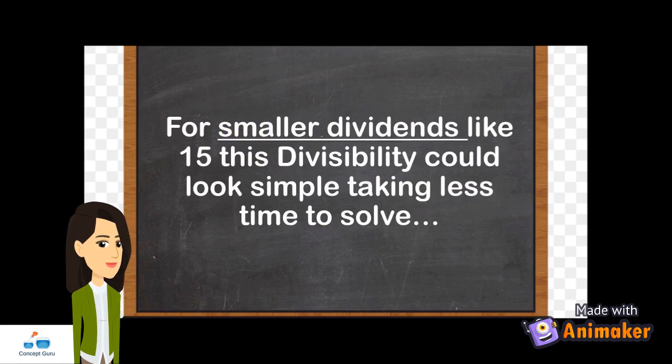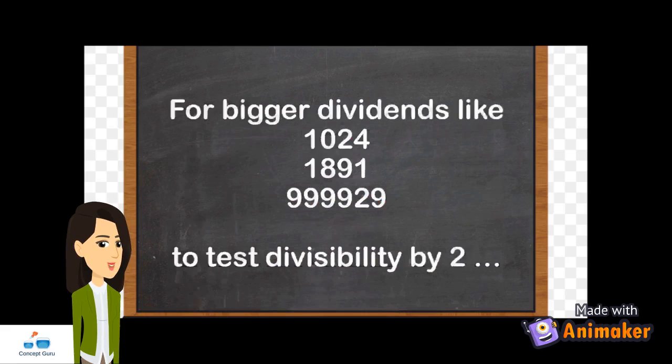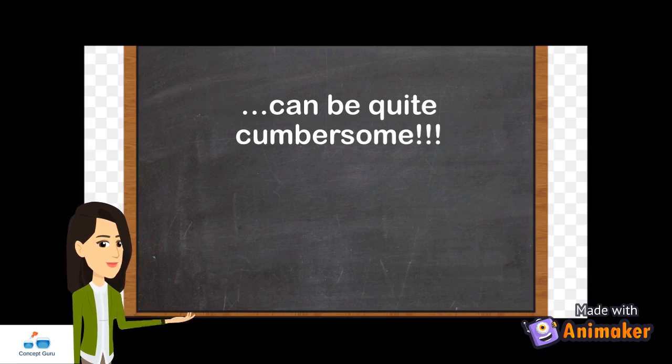For smaller dividends like 15, this divisibility could look simple, taking less time to solve. For bigger dividends like 1024, 1891 and this one, it's too big to test divisibility by 2, and it can be quite cumbersome, right?